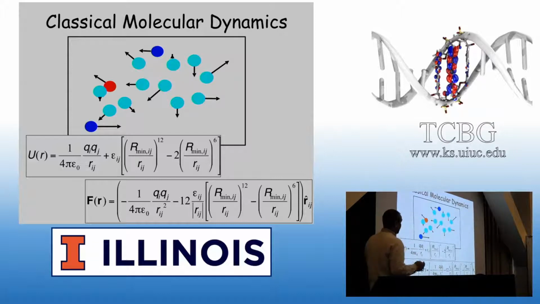What are the forces? How are they going to interact with each other and affect each other? One type of force is the non-bonded force that is summarized here. You can have this universal kind of interaction. This is the potential energy that we call van der Waals.